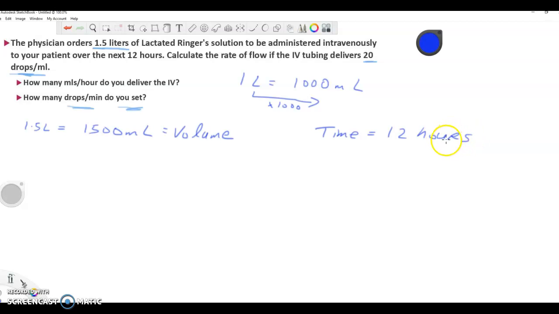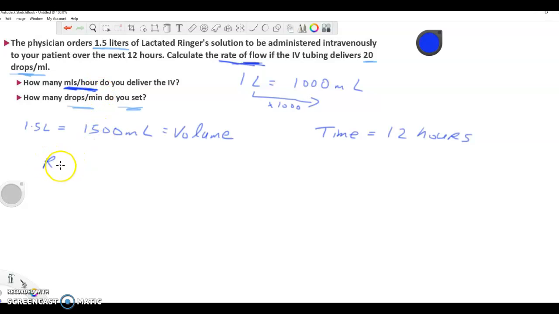Now, they're looking here for the rate of flow. This is another way of saying mils per hour. It's like the speed, you know, miles per hour, kilometers per hour, mils per hour.